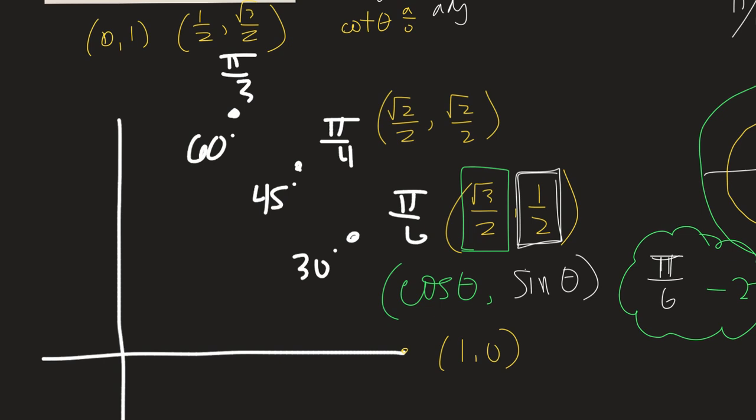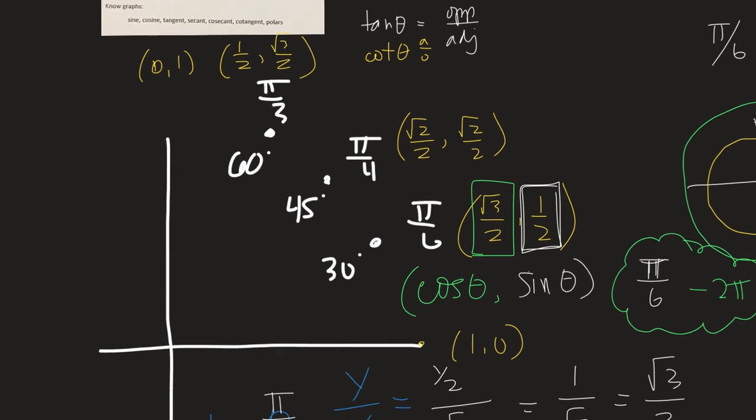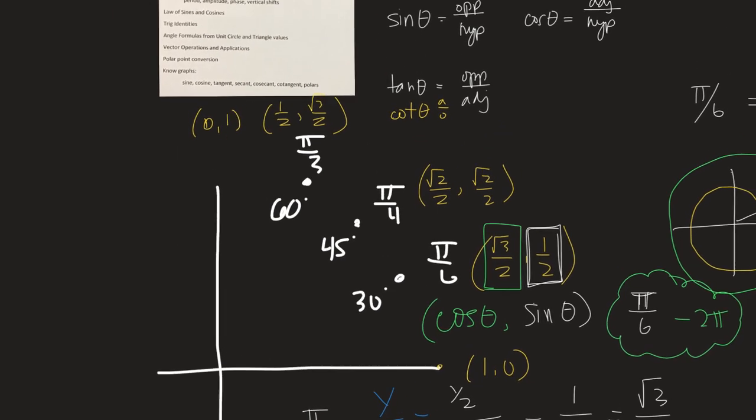Well, the tan was the hard one because that was the y over the x. So you can calculate the tan every single time. So like the tangent at pi over 6 would be 1/2 over root 3 over 2, which simplifies to 1 over root 3, which further simplifies to root 3 over 3. So you can always calculate the tangent if you know the x and the y.